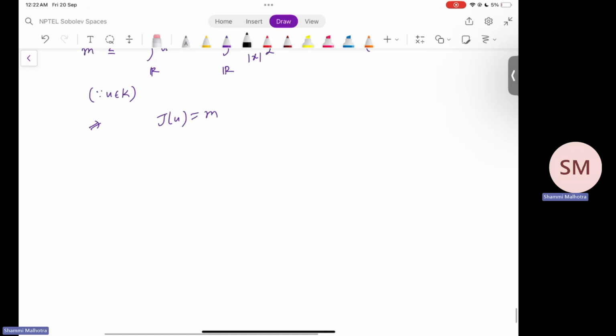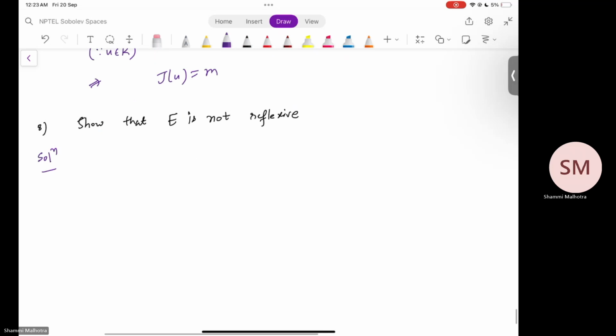But as we see, the final goal of our question is to show that E is not reflexive. So we prove this by contradiction. On the contrary, if E is reflexive, I take un to be the characteristic function of [n, n plus 1].